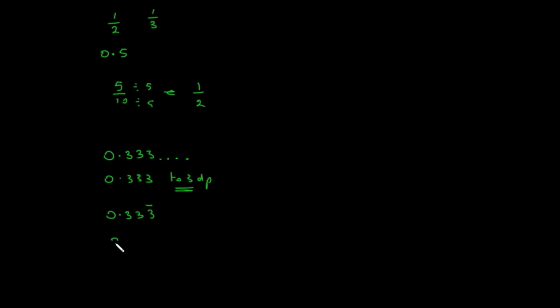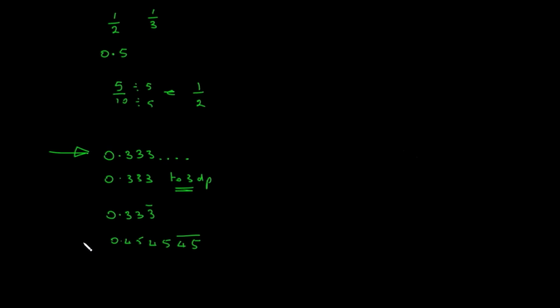Now let's suppose we have 0.454545, and they go on forever. Well, you put a line over the 2 digits that go on forever. That tells people this here is not quite as written, that the 4 5's go on forever and ever. A third is that.